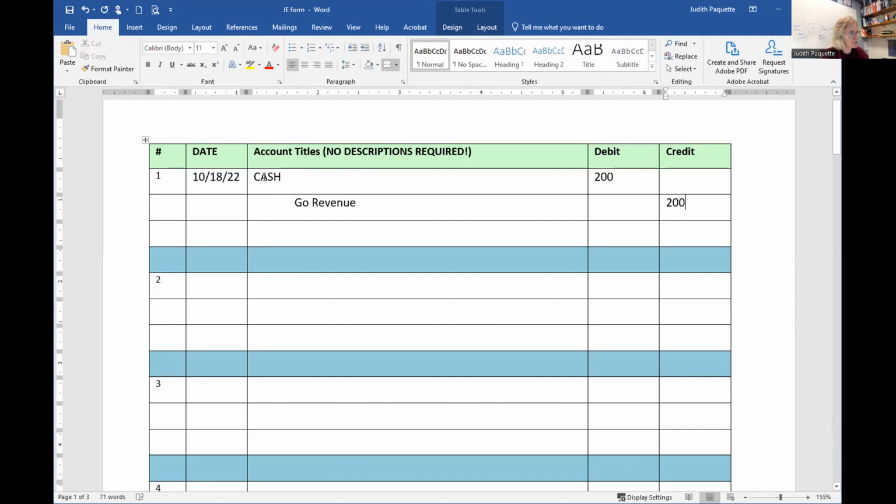We list the debit first. Cash goes up with a debit. Go revenue also goes up, with a credit. So both of these accounts increased. And remember, for my exams, do you have to put descriptions on the journal entries?